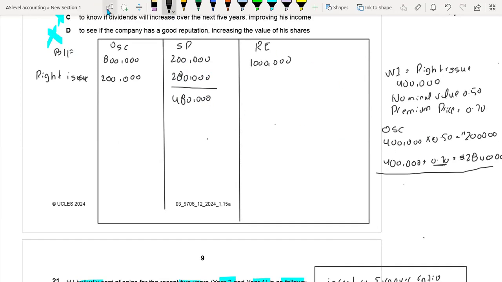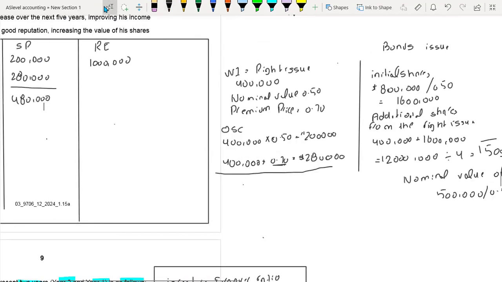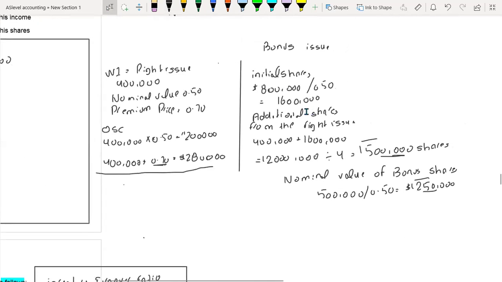Because we are not receiving this amount, this is just a reward for our shareholders. We just issued them additional shares of our company without any price, as a reward.